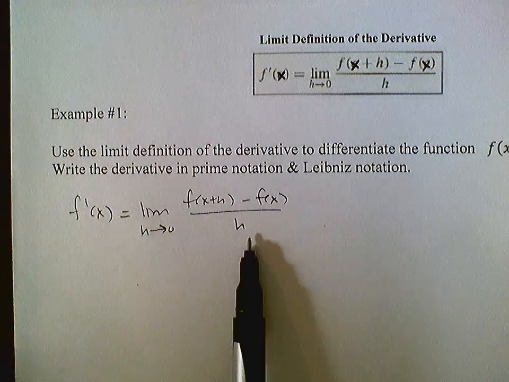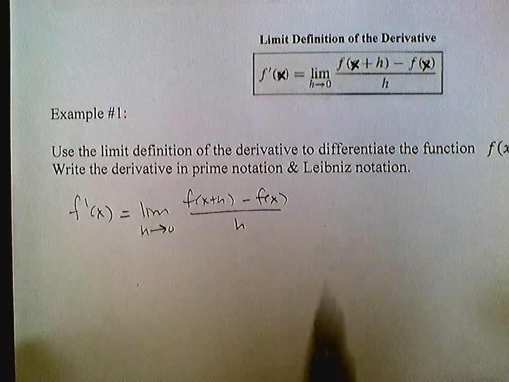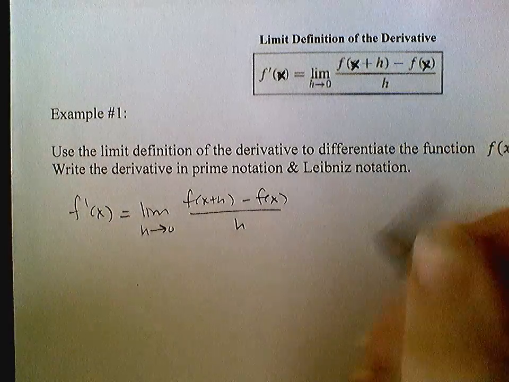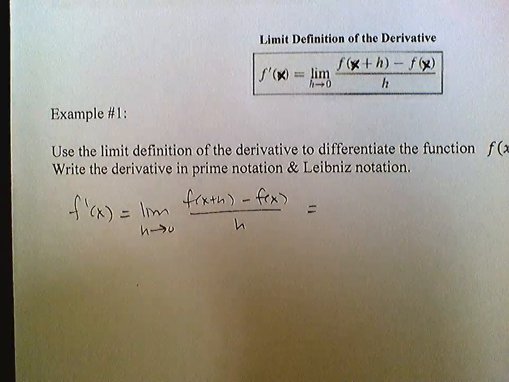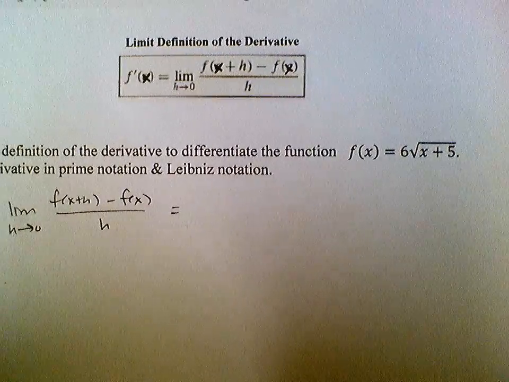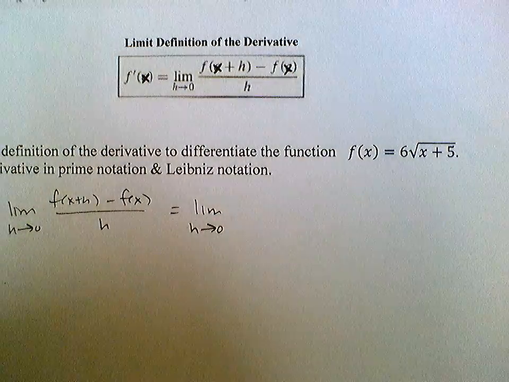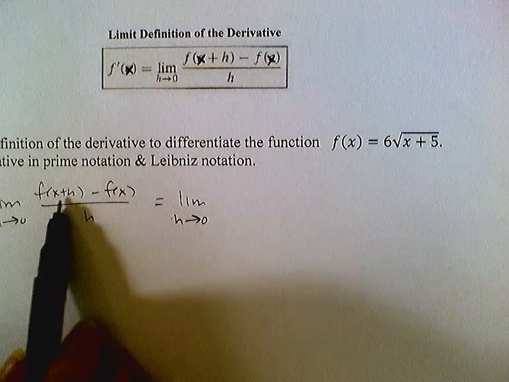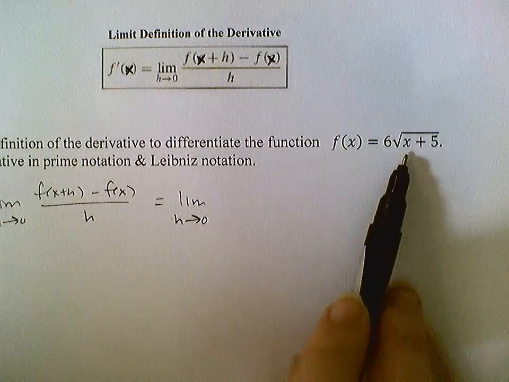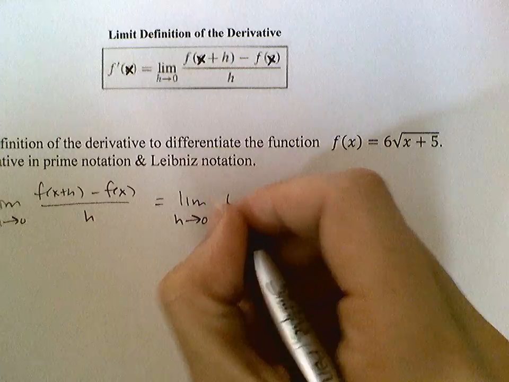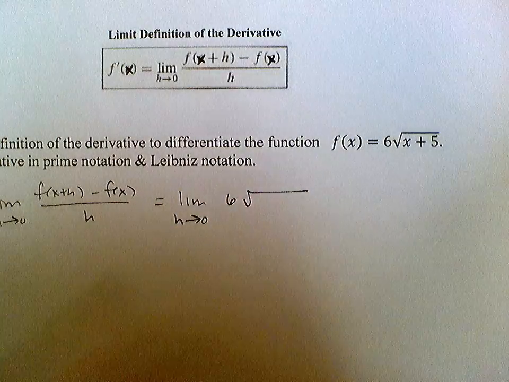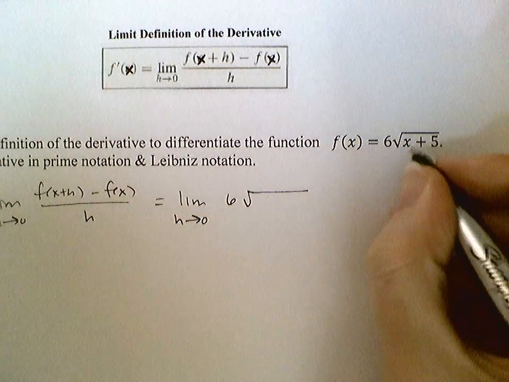Okay, so what I have here is, I'm just going to use the function that I know. This is going to be the limit as h approaches 0. F of x plus h, I'm just putting in x plus h where that x is. So it's going to be 6 radical, so x plus h is going in for x.